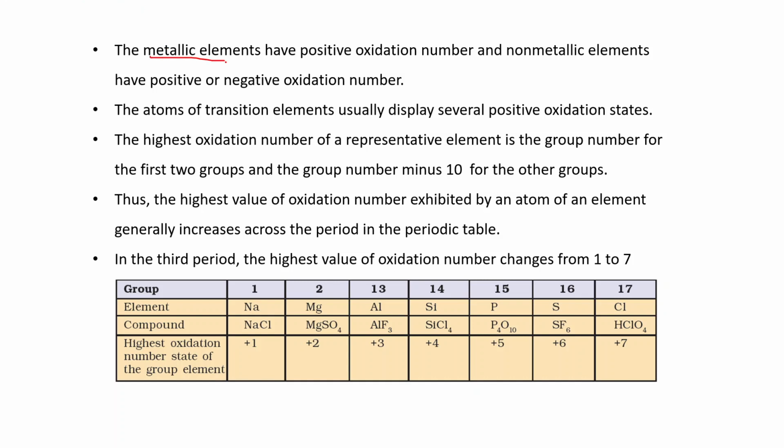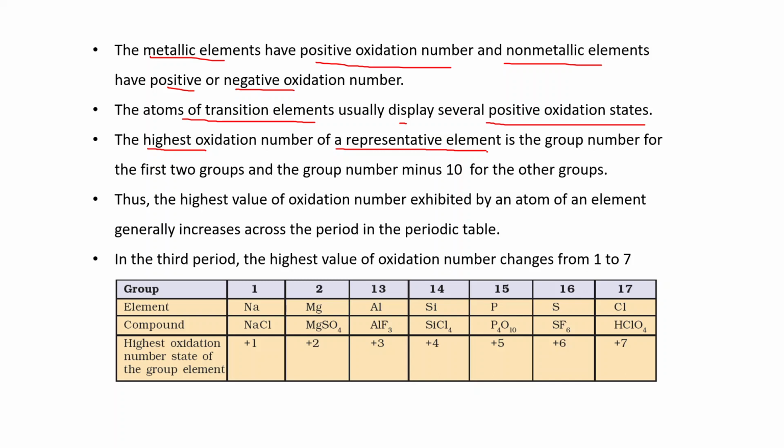The metallic elements have positive oxidation numbers and non-metallic elements have positive or negative oxidation numbers. The atoms of transition elements, which belong to the d-block, usually display several positive oxidation states. That is, more than one oxidation state is shown by the transition elements in their compounds. The highest oxidation number of a representative element: what is a representative element?